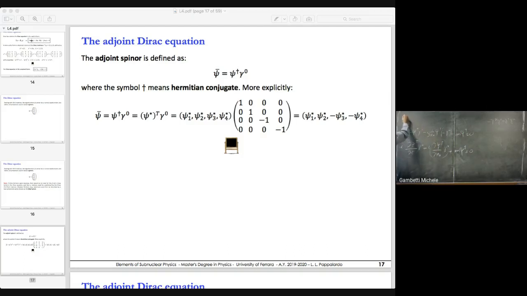So we're going to have i ∂_t ψ† γ^0 γ^0, so we are multiplying by γ^0 on the right, plus i ∂_k ψ† γ^k γ^0 with a minus sign, plus m ψ† γ^0 equal to 0.